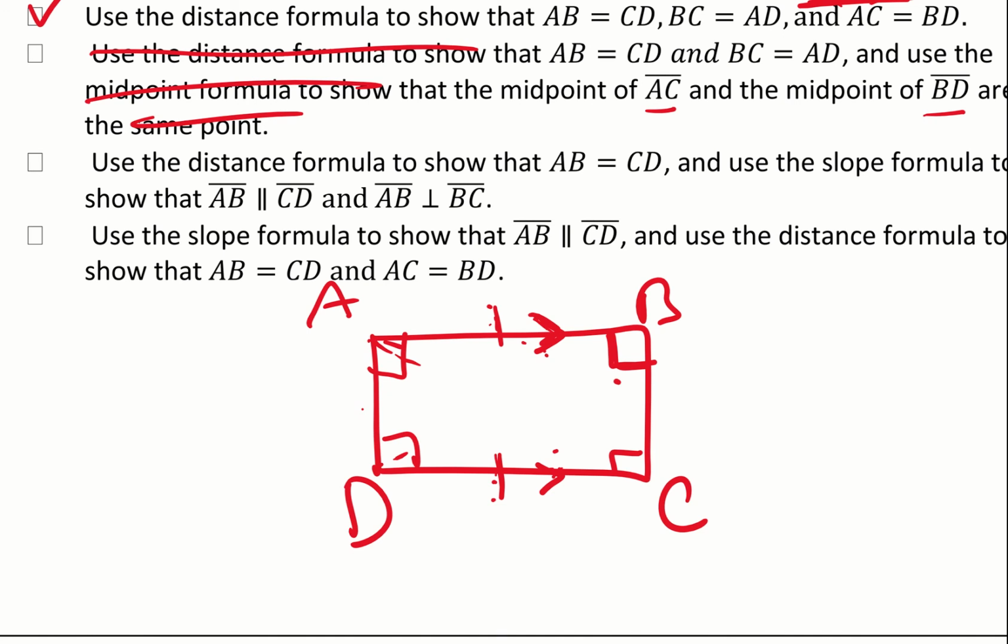Remember that the property of parallelograms states that opposite angles are congruent, so if that's 90, then this is also 90. The adjacent angles must add up to 180 for a parallelogram, and therefore this must be 90. So yes, this shows that it's a rectangle.